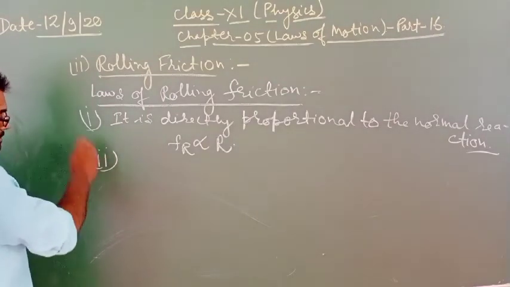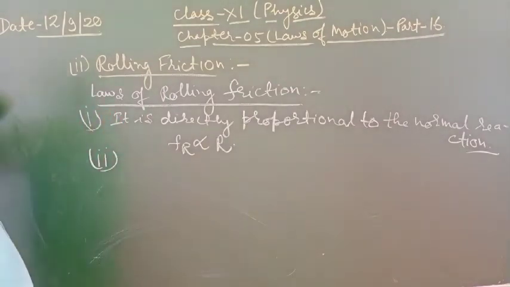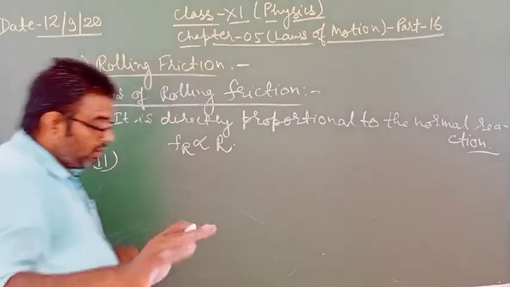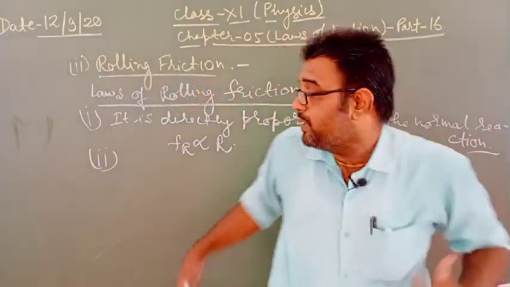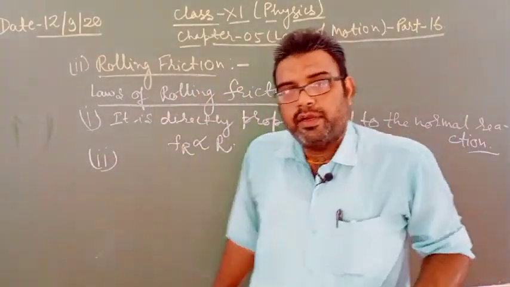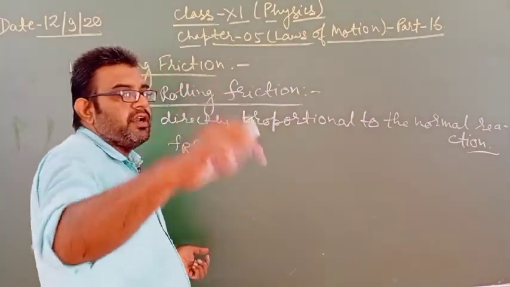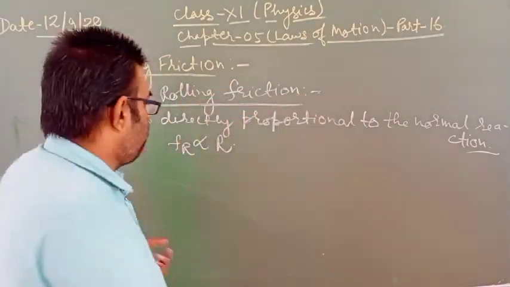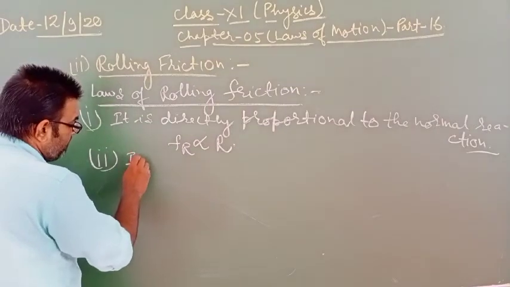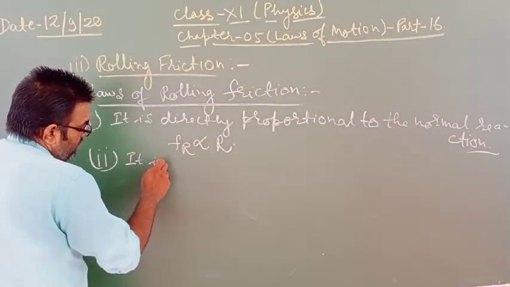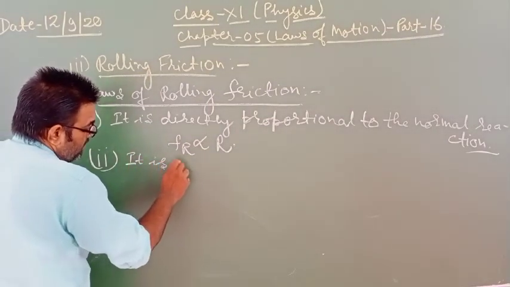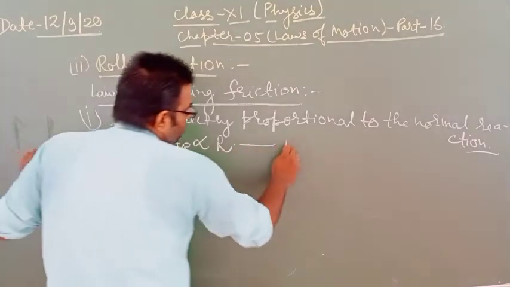The second thing, other than all the laws of friction, is that it is inversely proportional to the radius of curvature in contact with the surface. So this is equation 1.